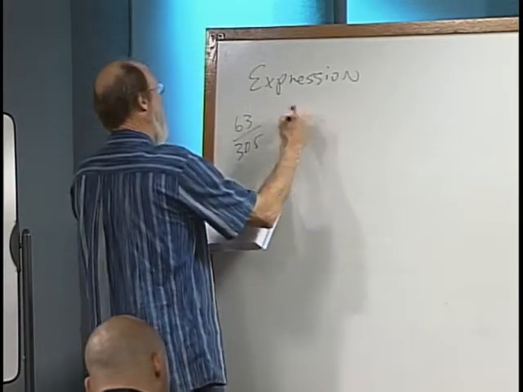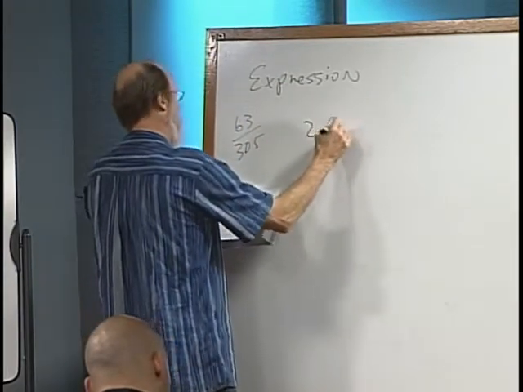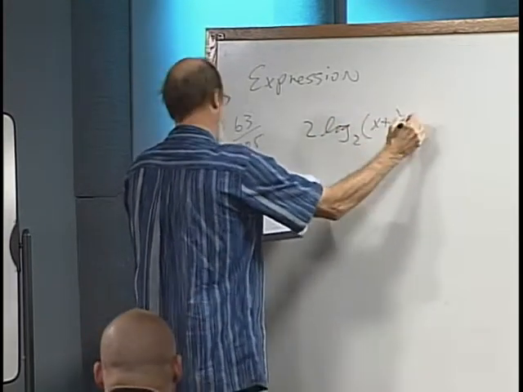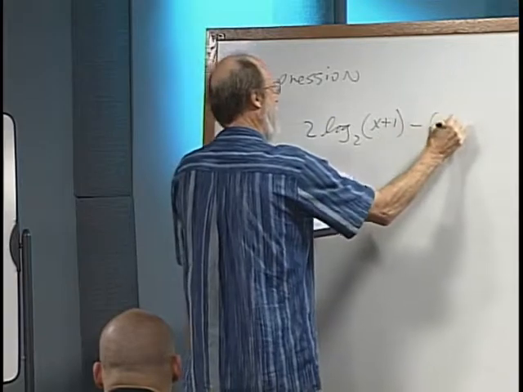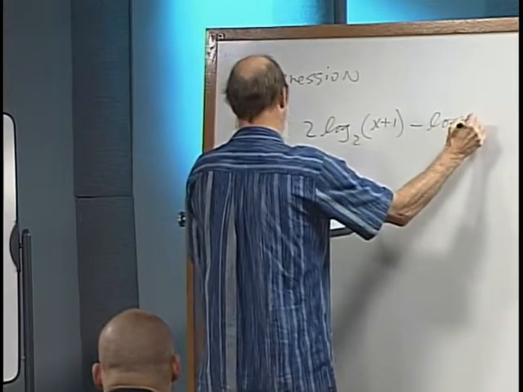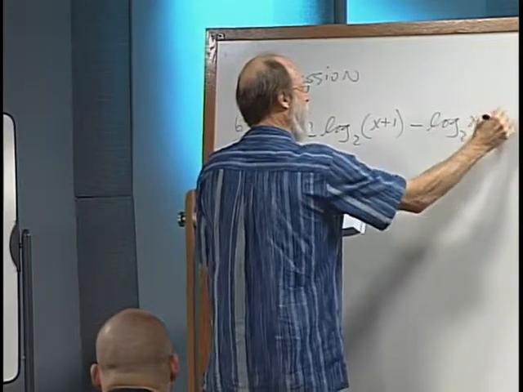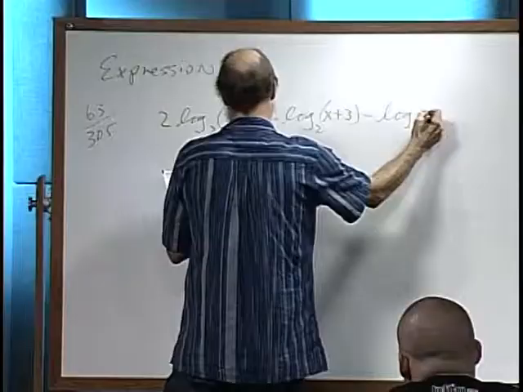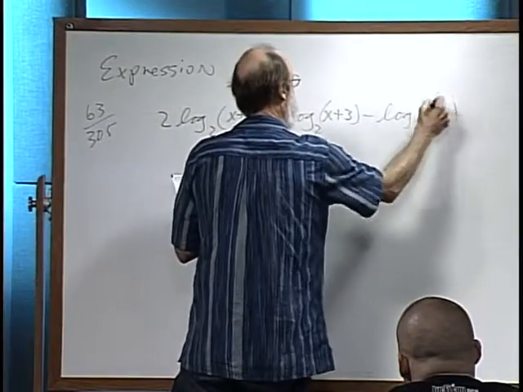It says collapse 2 log base 2 of x plus 1 minus log base 2 of x plus 3 minus log base 2 of x minus 1.